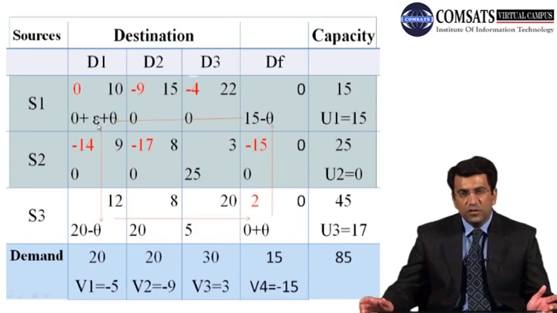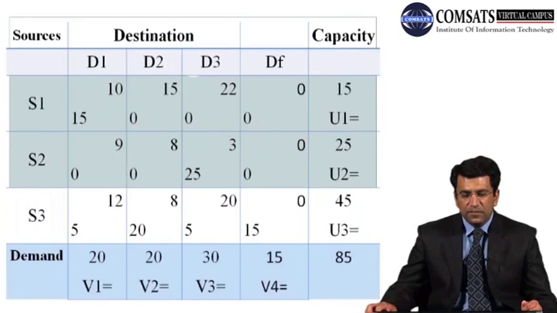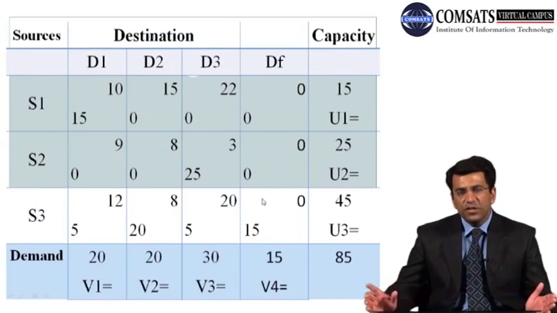Now it is up to you, you may write that epsilon or not, it doesn't make any difference. Again, in this particular cell you will subtract the value of theta, which is 15, so it will become 20 minus 15 is equal to 5. All the other cells which are not included in this particular loop will remain the same. So this is our reformulated table after incorporating the value of theta.